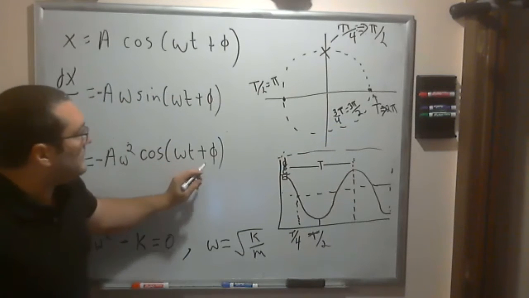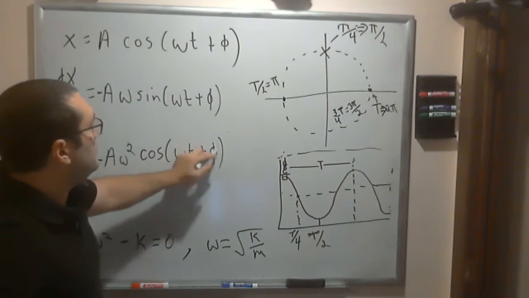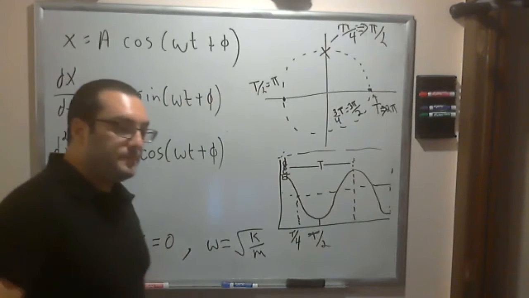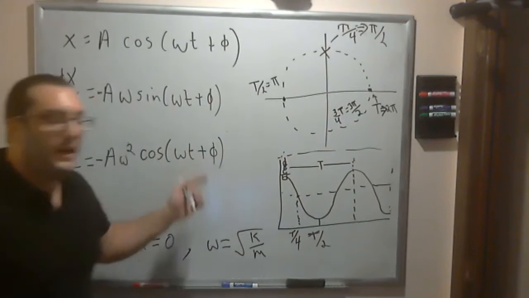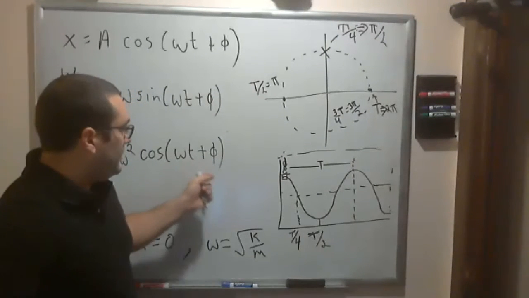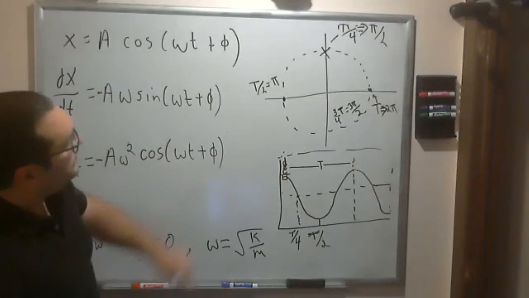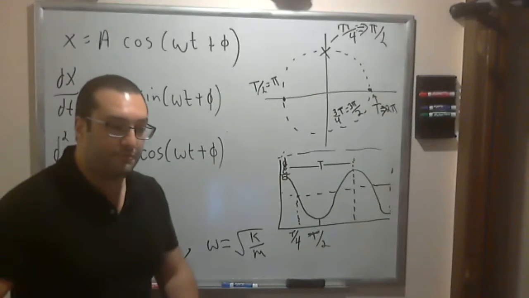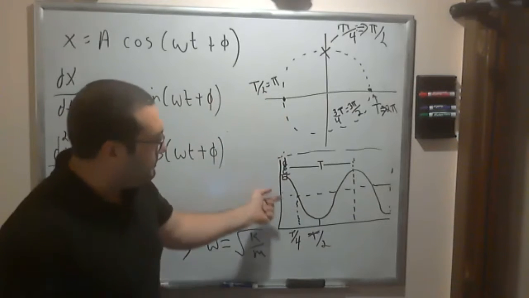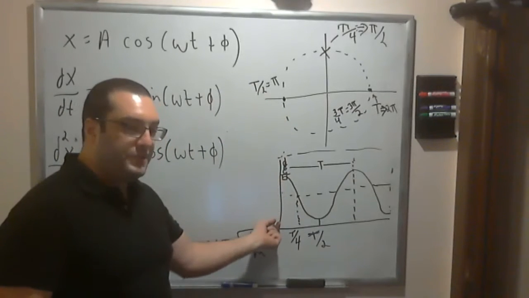Now let's look at this phase, this phi term. What is this? Well, phi in this case is just a constant. It does not depend on t, but it tells us our starting position. Did we stretch it up, or did we start when it was down?